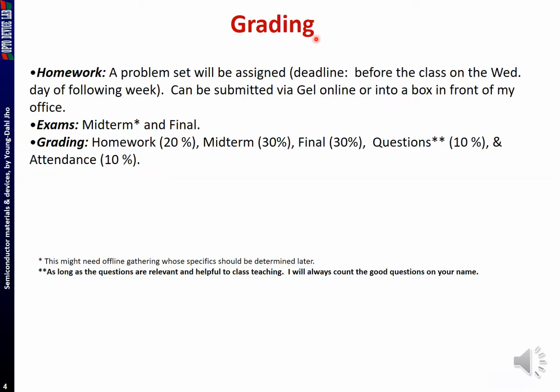The grading, firstly, is based on homework. There will be problem sets, possibly 5 or 6 problem sets assigned. The deadline is before the class on Wednesday of the following week.